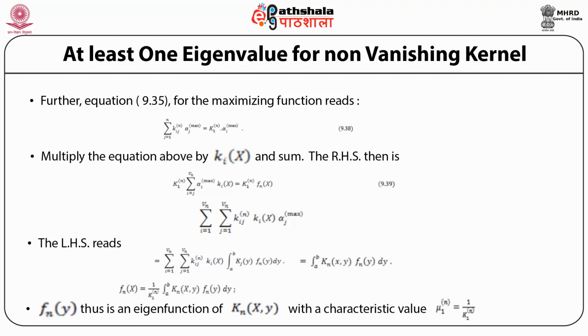The right-hand side is then k_1n times the sum over i of α_i max K_i(x), which is equal to k_1n f_n(x). The left side is the sum over i and j from 1 to V_n of K_ij K_i(x) α_j max, which is in turn equal to the sum over i and j of K_ijn K_i(x) times the integral from a to b of K_j(y) f_n(y) dy, which then becomes nothing but an integral from a to b of K_n(x,y) f_n(y) dy.